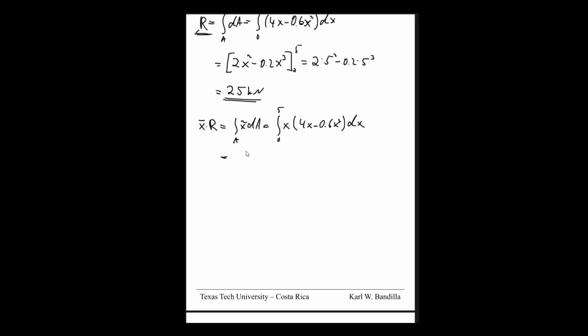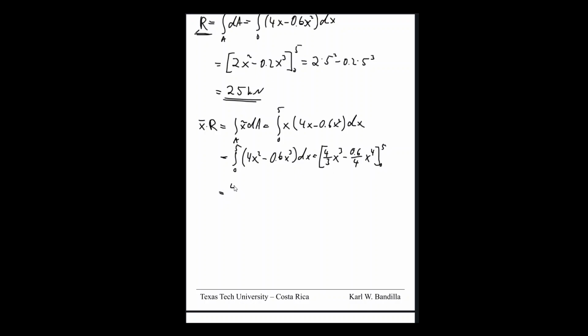That means we need to pull in that x, so we have 0 to 5 of 4x squared minus 0.6 x to the 3, which is equal to 4/3 of x cubed minus 0.6 over 4 x to the 4, from 0 to 5.